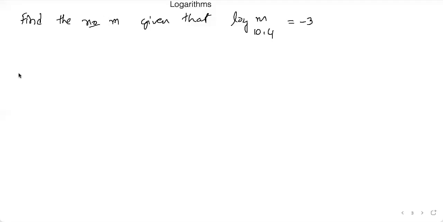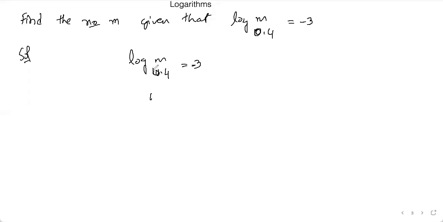So let us find the value of m. Okay. Yes. So log m to the base 0.4 is 3. That can be written in index form, that is 0.4 to the power of 3. Sorry, it's 0.4 to the power of minus 3, which is equal to m.